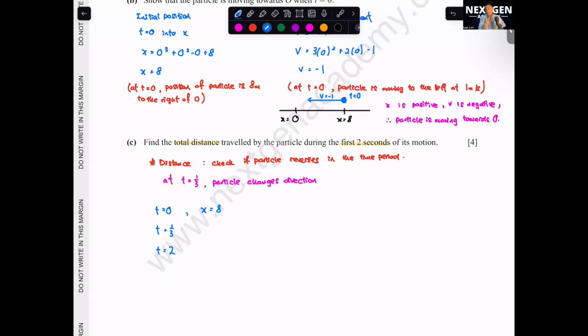We don't assume that it is at 0. Second, we substitute t equals 1 over 3 into the x equation: 1 over 3 cubed plus 1 over 3 squared minus 1 over 3 plus 8 equals 211 over 27. For t equals 2: 2 cubed plus 2 squared minus 2 plus 8, we will get 18.